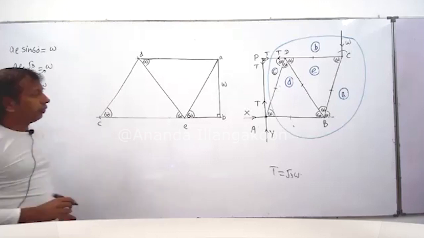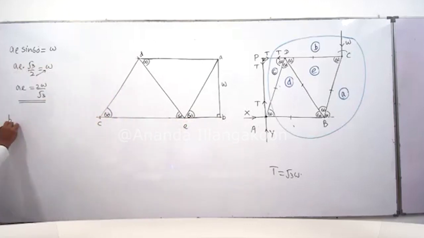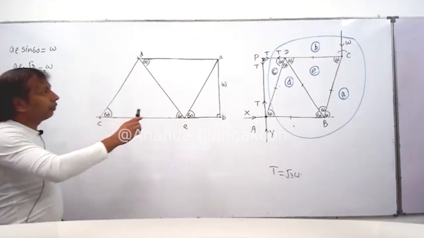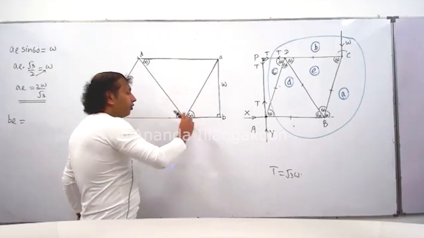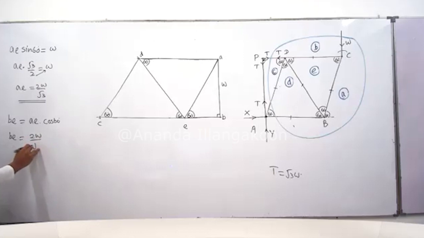Right. What is BE? BE you can write as AE cos 60. AE is 2W over root 3. Cos 60 is half. This 2 you can cancel. BE is W over root 3.